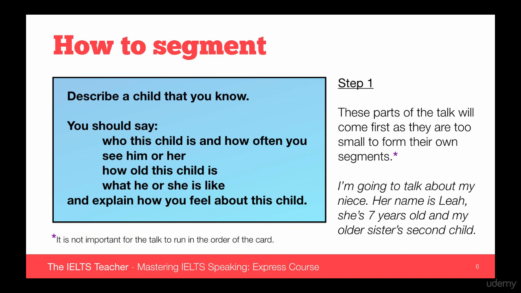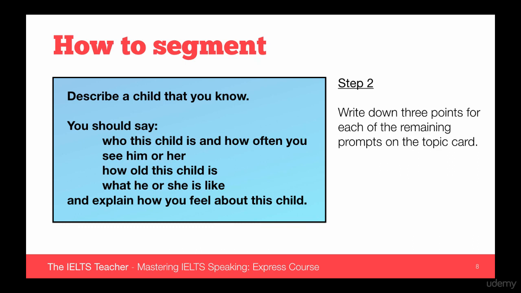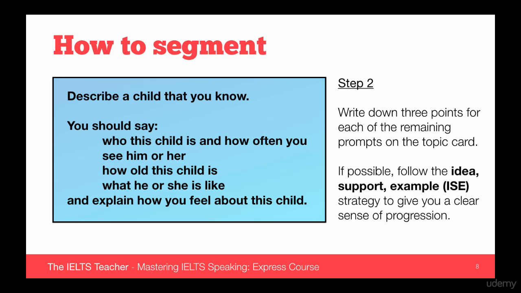Bulk of your talk. This is a case of writing down 3 points for each of the remaining prompts or bullet points on the topic card. If possible, follow the idea, support, example strategy, ISE or ICE, if you want to keep that in your mind, to give you a clear sense of progression.